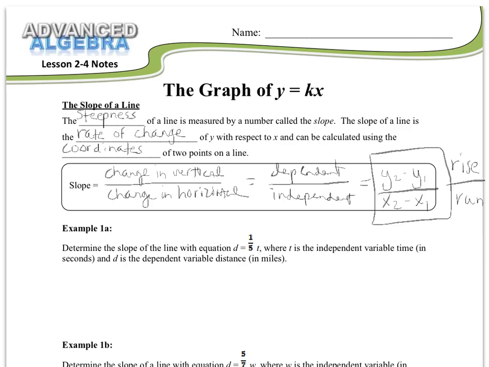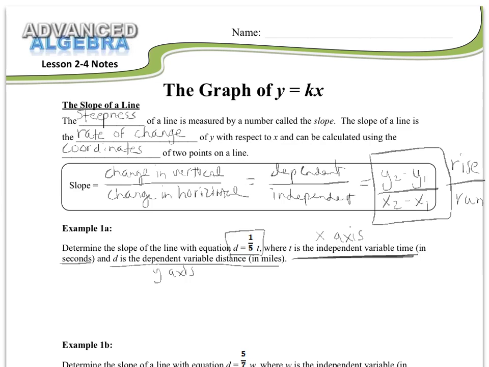Example 1a. Determine the slope of the line with the equation d equals 1/5 t, where t is the independent variable time. So independent, so it's going to be on the x-axis, and it's in seconds. And d is the dependent variable distance in miles, so that's going to be on the y-axis.